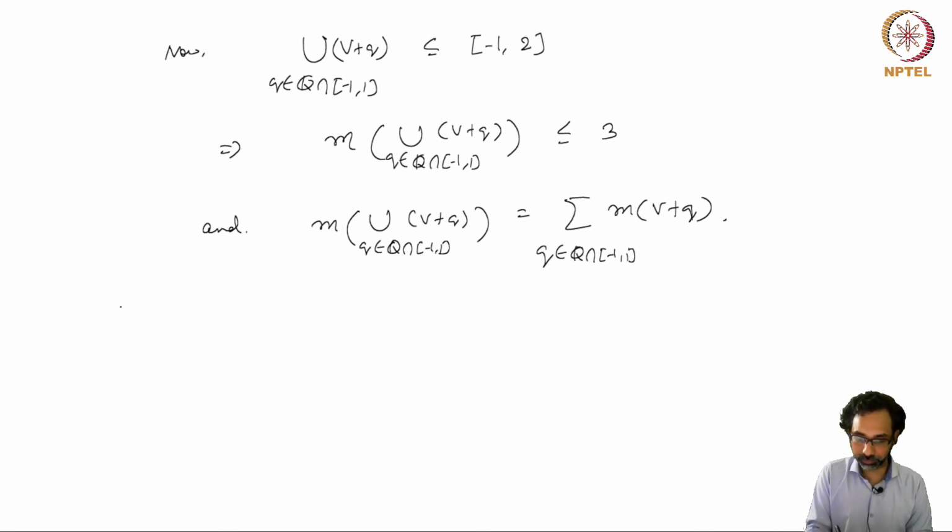I should rather write m star instead of m, because we still don't know whether any of these subsets are Lebesgue measurable.